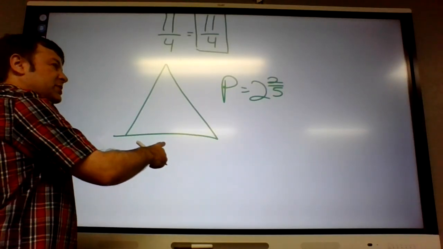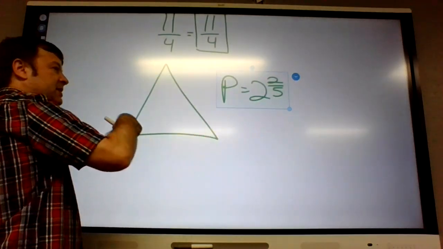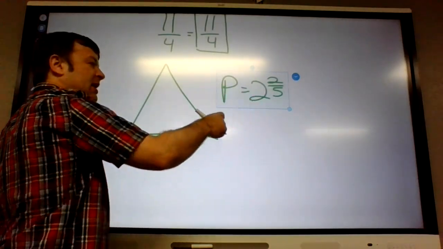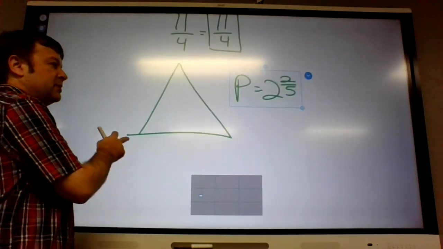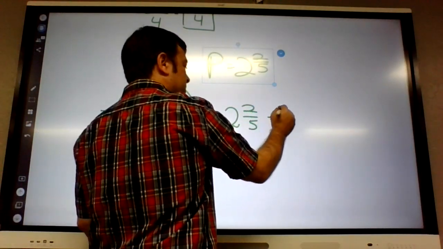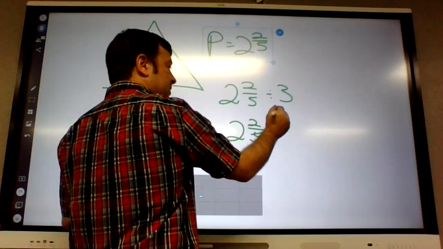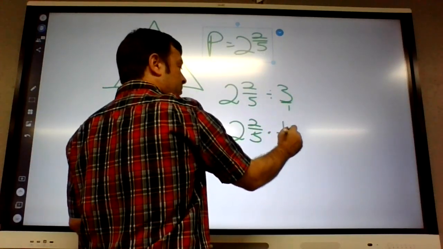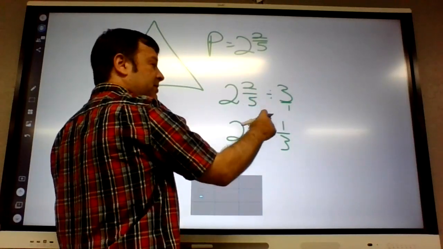What's the length of one side? Because what does perimeter mean? All three sides together equal that. So how are we gonna find one? Divide by 3. Or if you do it in fraction version, that'd be the same thing as multiplying by 1/3. Doesn't really matter. If you plug it into your calculator, these will give you the same answer.